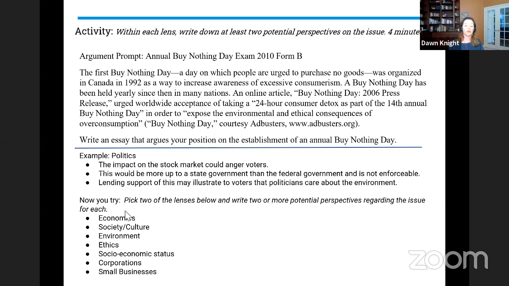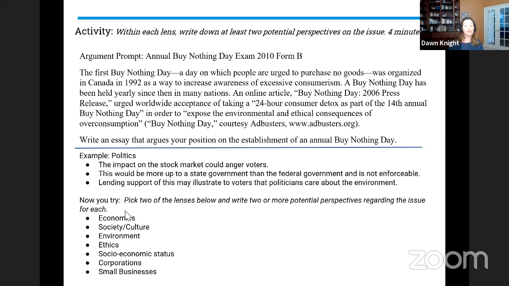So there could be an impact on the stock market that could anger voters, or this might be an issue that should be left up more to state governments than federal governments. It's not really enforceable. Lending support to this day may illustrate to voters that politicians care about the environment, so they might support it. So you can see there could be a range of perspectives within one of those lenses.